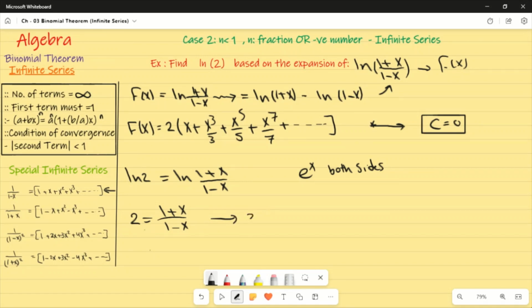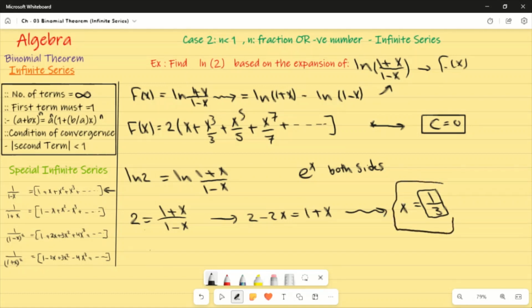So here 2 minus 2x equals 1 plus x. From here x equals 1 by 3. So if I need to calculate ln 2 from this expansion, just substitute with x equal to 1 by 3, but there is something missed here.